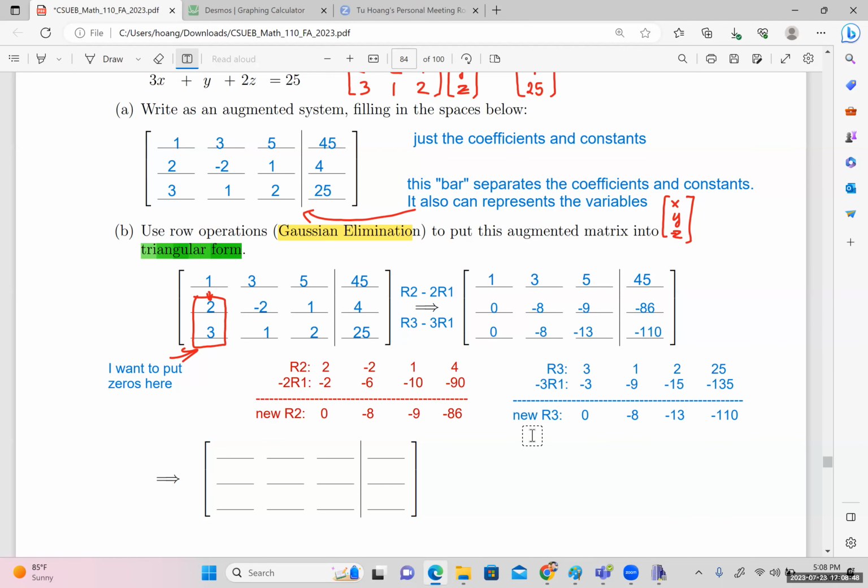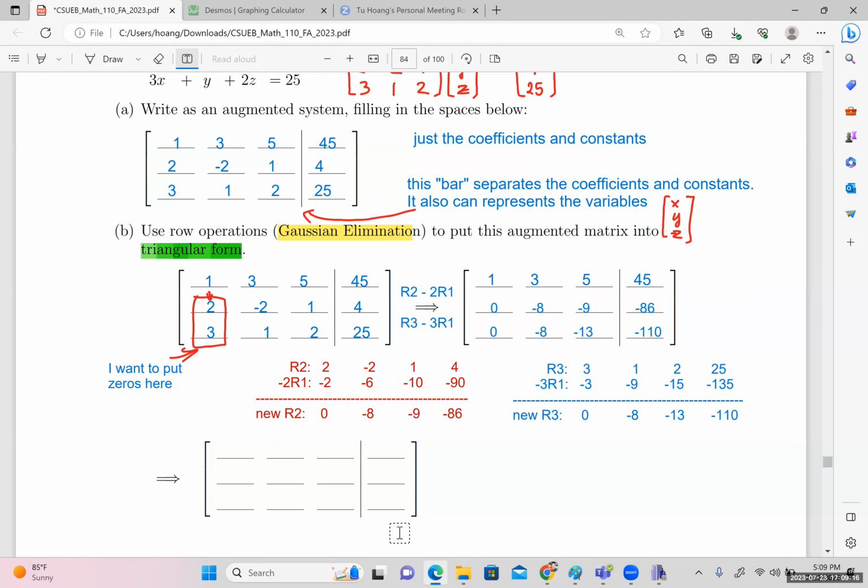So that is my updated matrix. Eliminate the first column over here for the second row and third row, right?